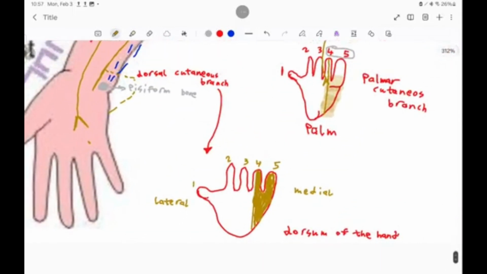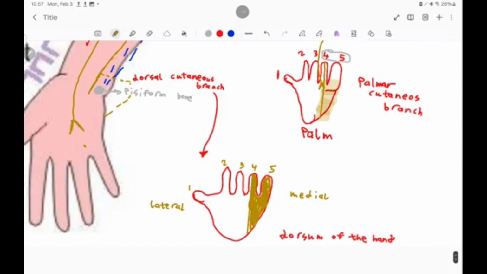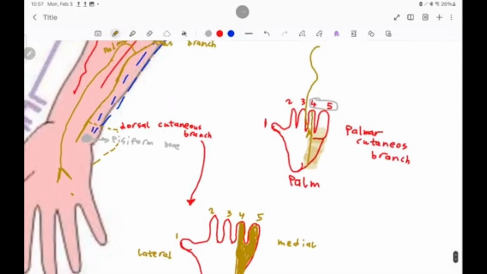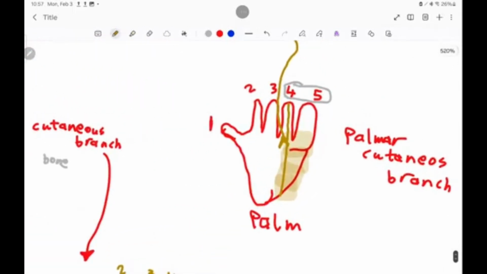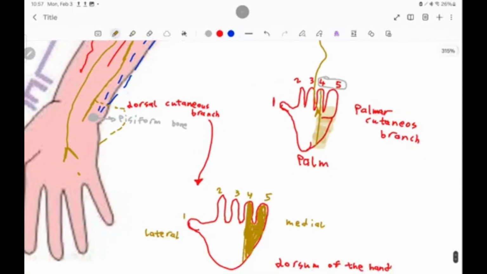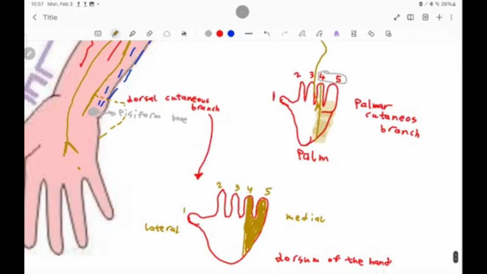However, the palmar cutaneous supplied the palm, and it did not supply the fingers. You get my point now? So they are different. This supplies the palm, this supplies the dorsum. And until now, it's only cutaneous innervation. We didn't get into the muscles of the hand.